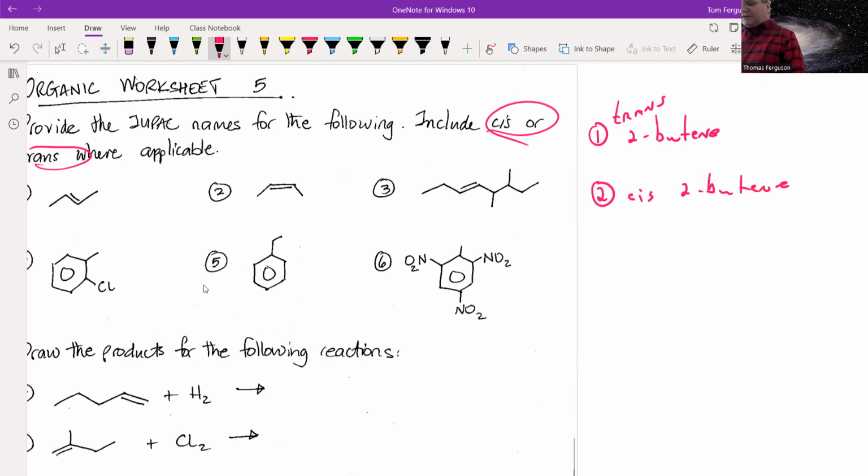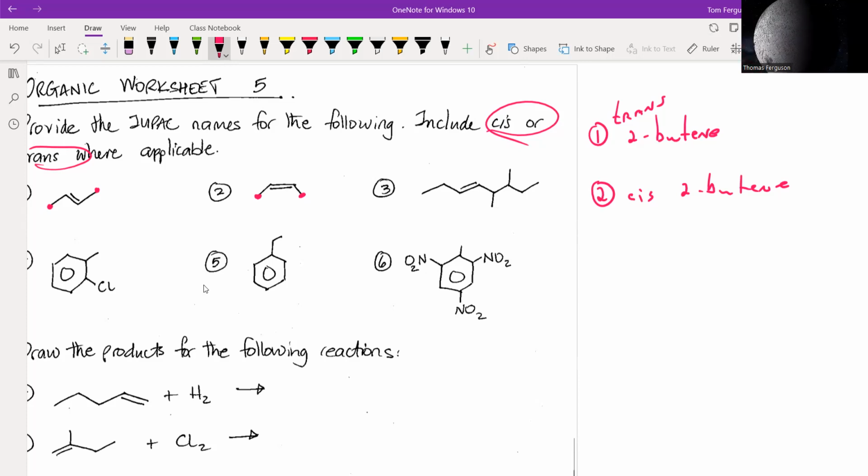Okay, now let's look at this guy here. Which has more room, the trans or the cis? Basically, which are farther apart, the trans or the cis? Trans.